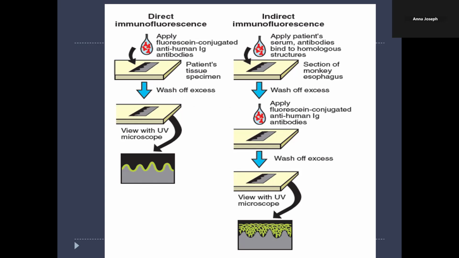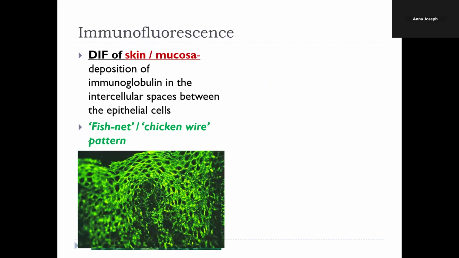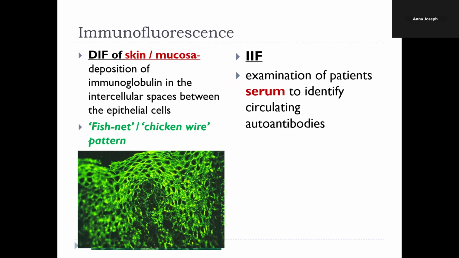Similarly, in indirect immunofluorescence, the patient's serum is taken and it is bound with monkey esophagus, a homologous type of tissue, and that will also take up positive stain in cases of pemphigus. The pattern seen on biopsy direct immunofluorescence of skin or mucosa is termed a fishnet or chicken wire pattern. Here we see deposition of immunoglobulin in the intercellular spaces between the epithelial cells.